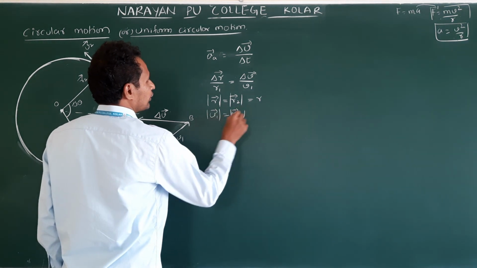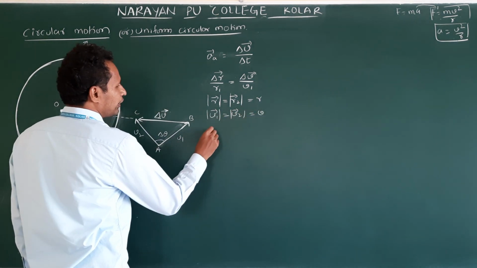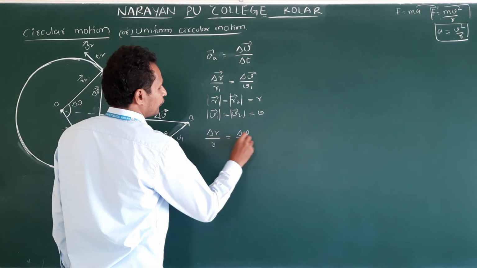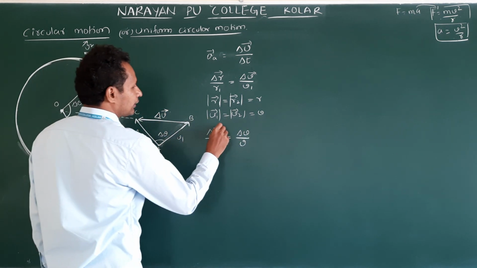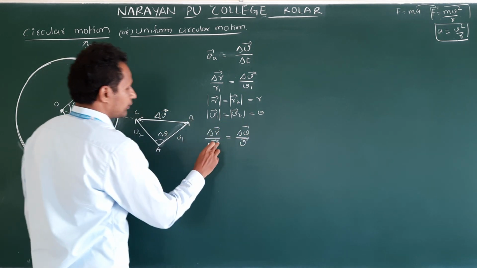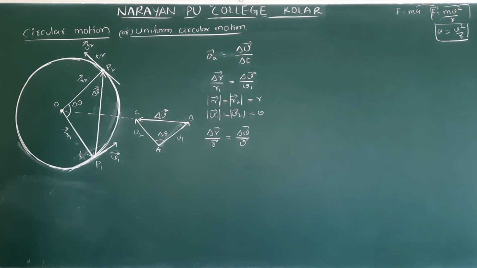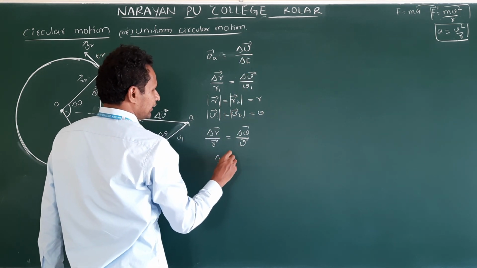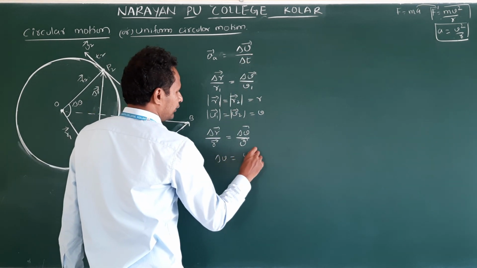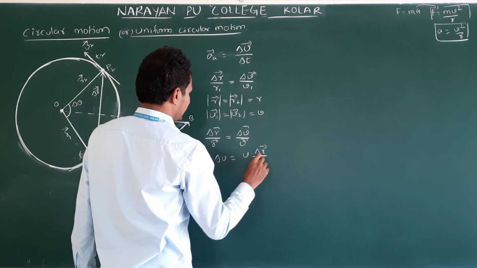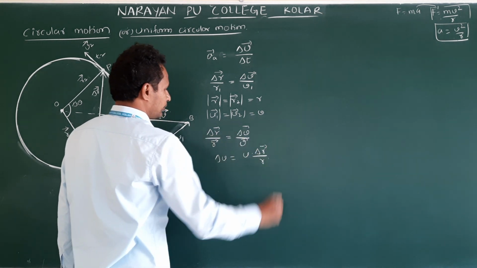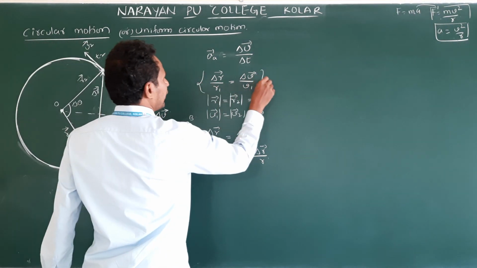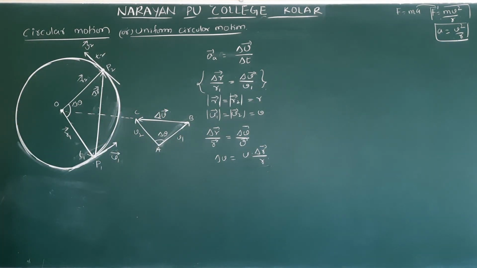I mentioned constant speed, so this will be V. Then delta R by R is equal to delta V by V. What do we need? Delta V. So delta V is V into delta R by R. Here we follow the triangle formula. Then we got delta V.